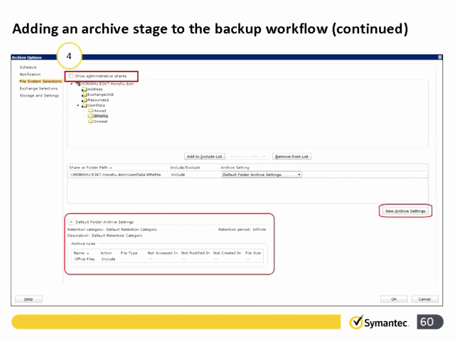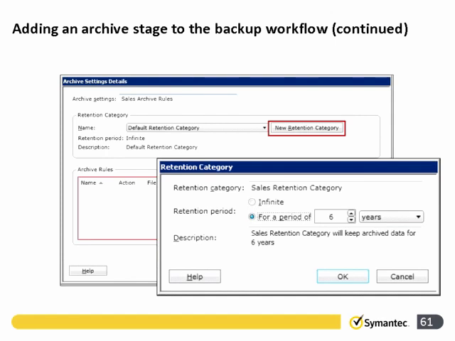And I can set the criteria by which data will be archived. If I want to change the default criteria, I click on the button that says New Archive Settings. This is where I can create retention categories and set rules by which the data will be archived.